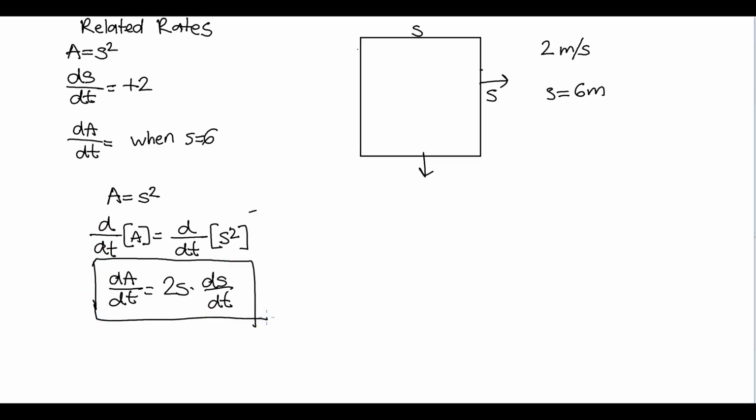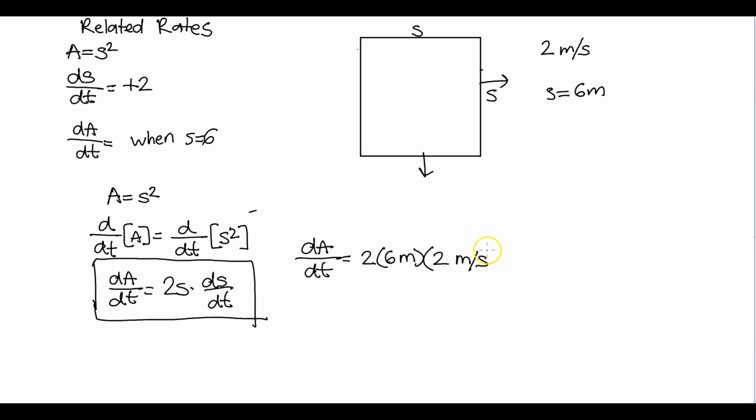So if you want to find the rate at which area is changing, you just have to plug in the values. dA/dt equals 2 times, well, our side length is 6 meters. It's a good habit to put units. And ds/dt is positive 2 meters per second.